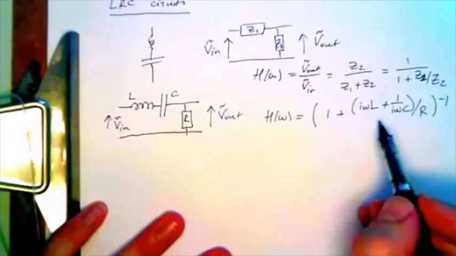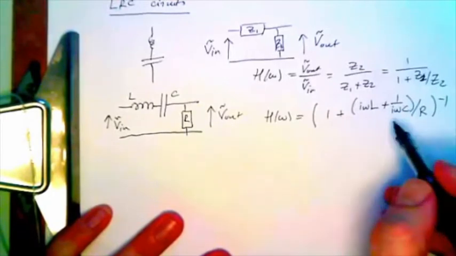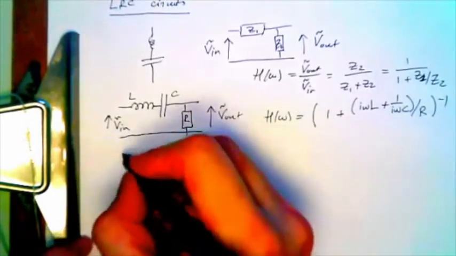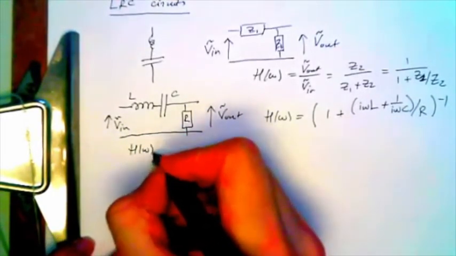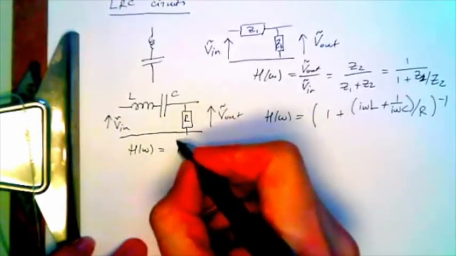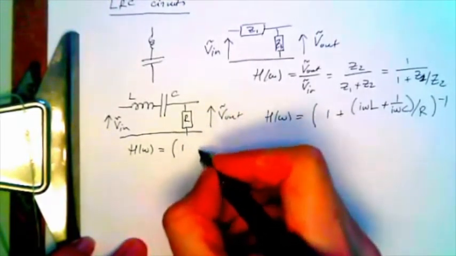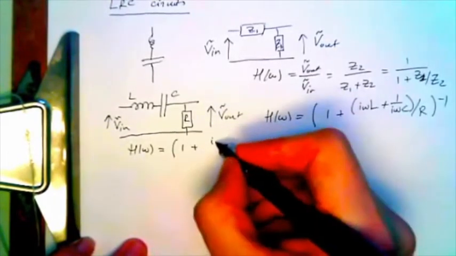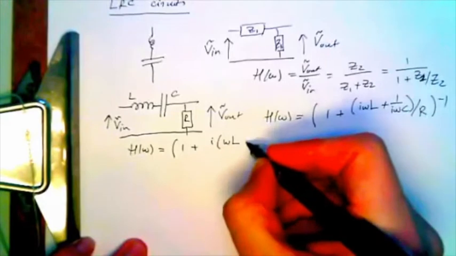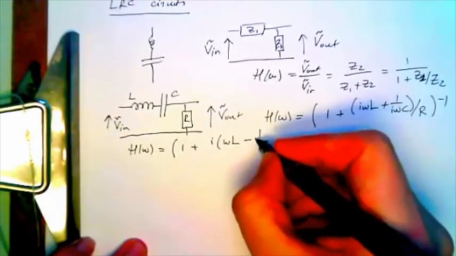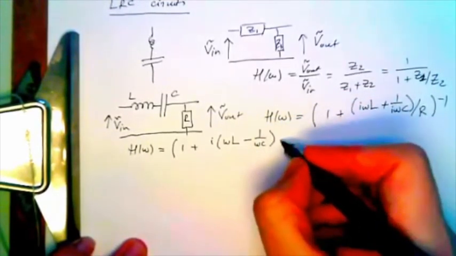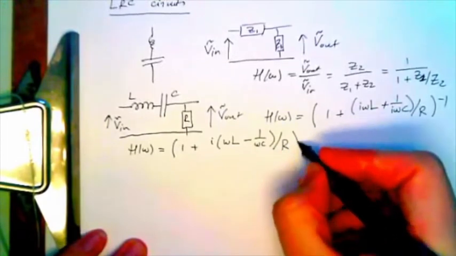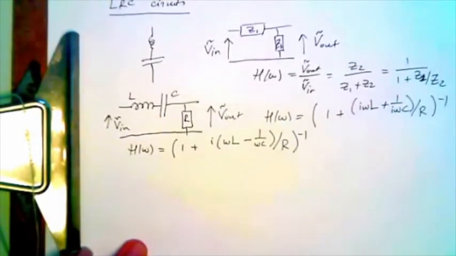And we can already kind of see what's going to happen to this transfer function, because let me write it a little bit differently. So we have 1 plus i times omega L minus 1 over omega C, divided by R, to the power minus 1.